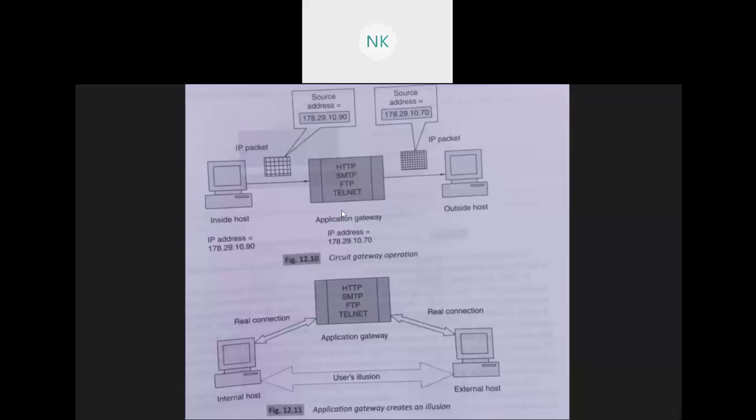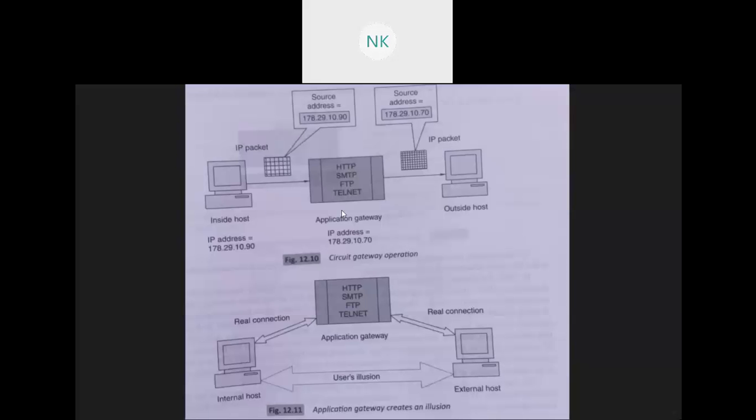Clear? But there are some variations of application gateway, or we can say types of application gateway. Like the circuit gateway, it provides some additional functions as compared to our application gateway. We will not talk about what functions are performed by the application gateway or the circuit gateway.